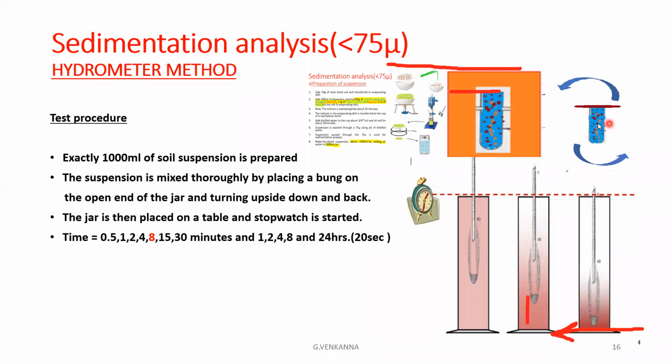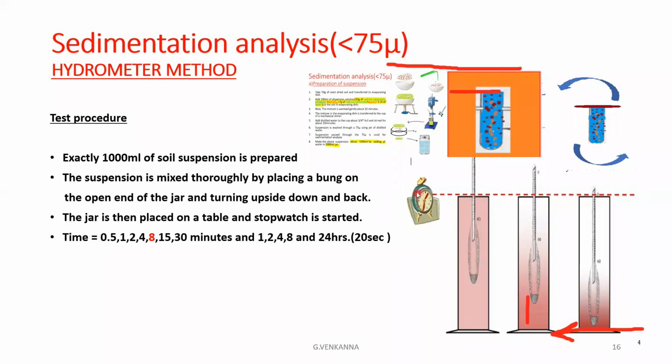After that, place the sedimentation tube at a place and immerse the hydrometer in it. We start the stopwatch at the time when the hydrometer is immersed in this jar.